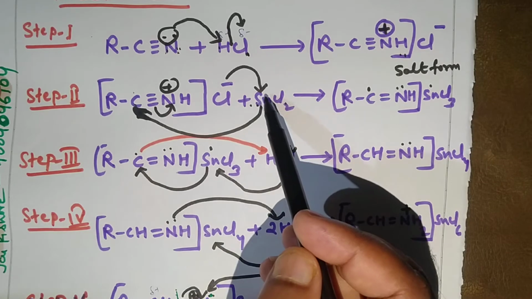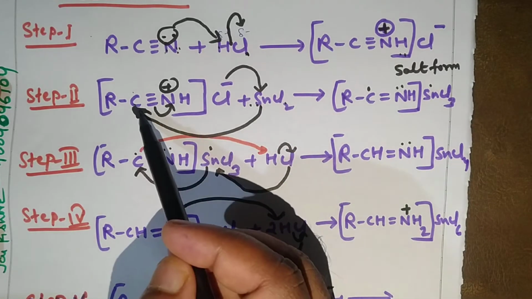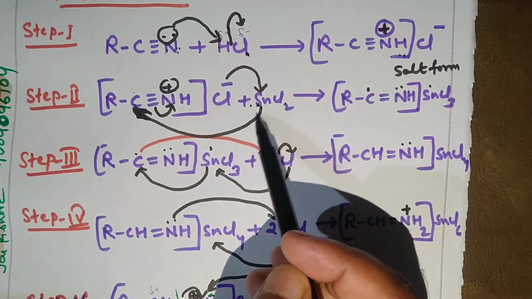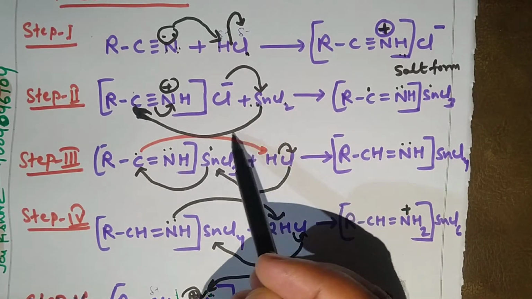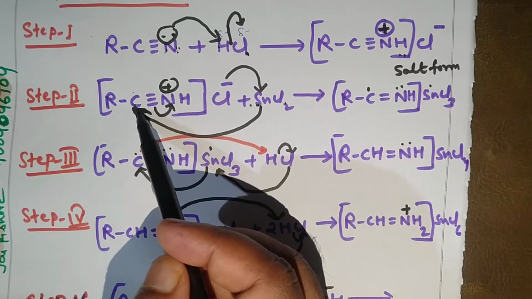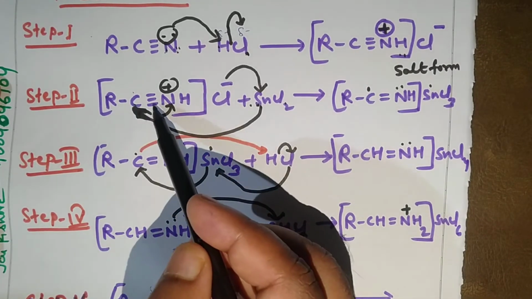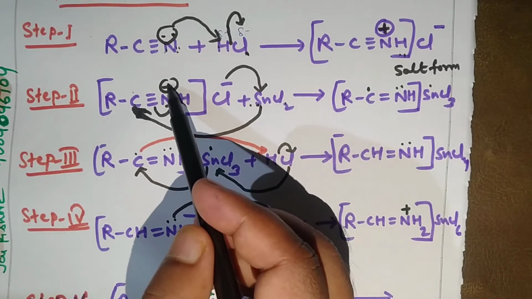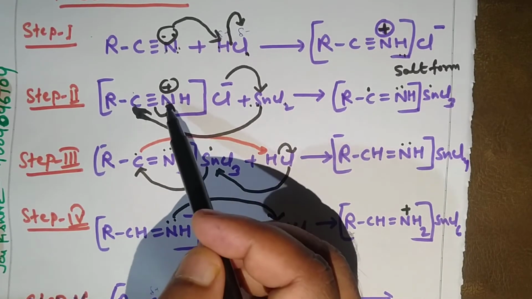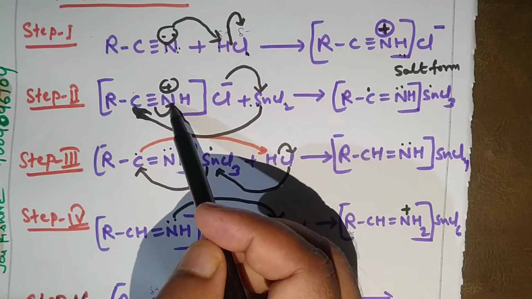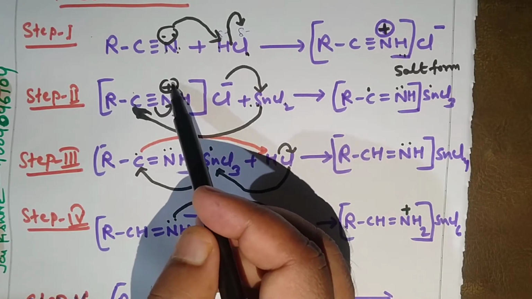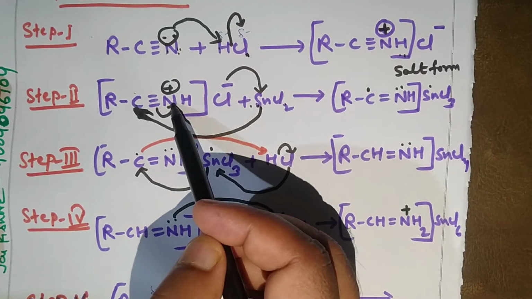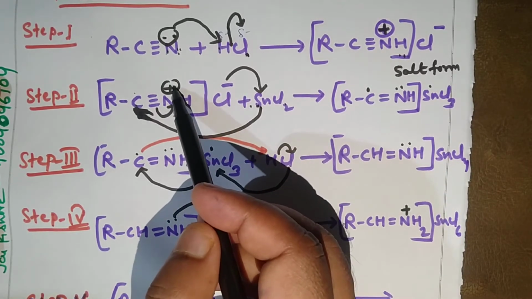One of the electrons is donated to this carbon atom, and at the same time the bonded electrons shift to the nitrogen atom. If this happens, then these electrons are taken by nitrogen and the positive charge is neutralized.